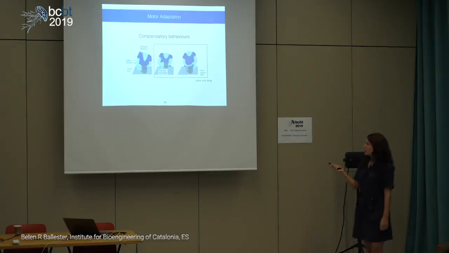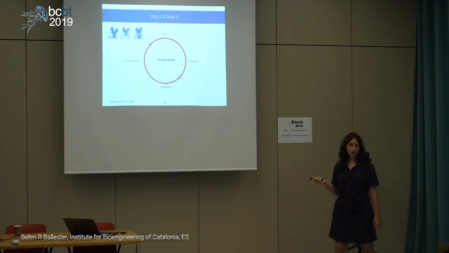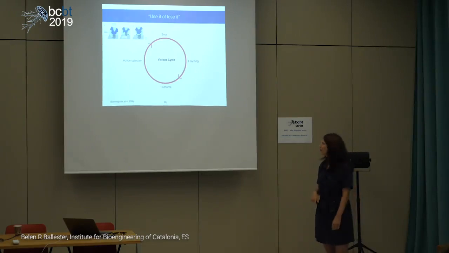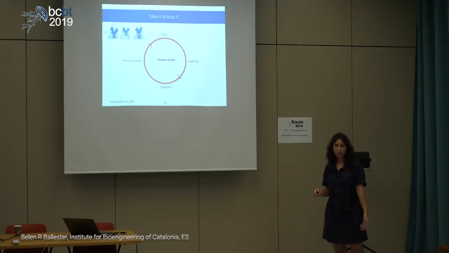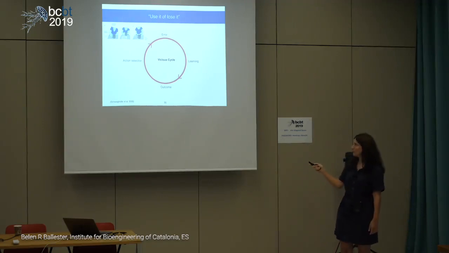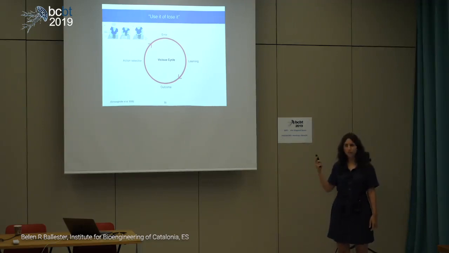So this leads us to a vicious cycle, the vicious cycle that we mentioned on Wednesday. If there is overuse of the non-affected limb, then the patient is not exposed to error, there's no learning, and the future outcome of doing that action is poor. So this just reinforces loss, right? It's progressive deterioration.